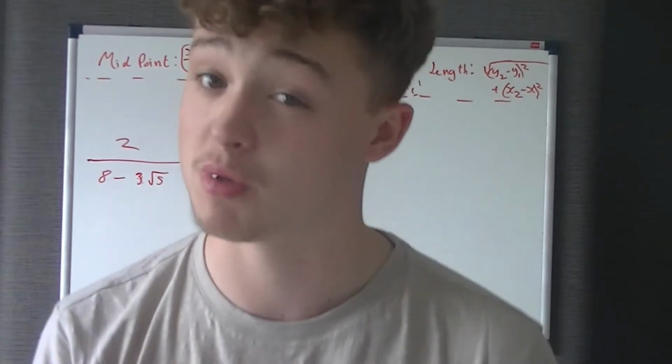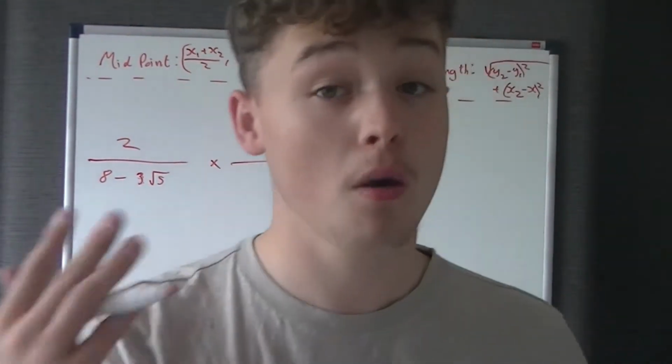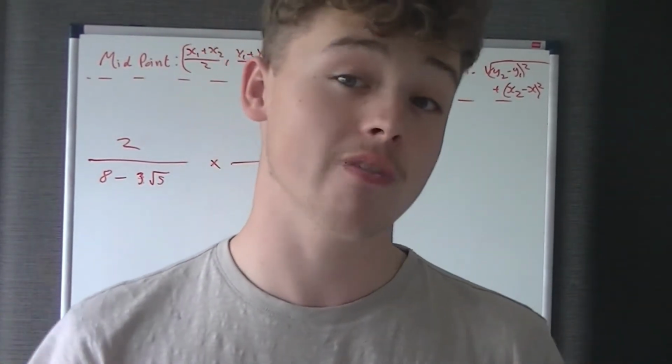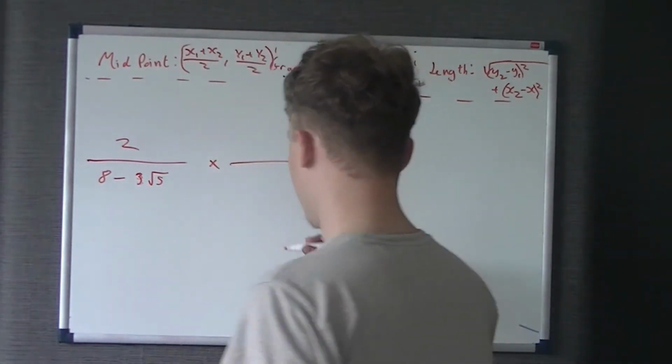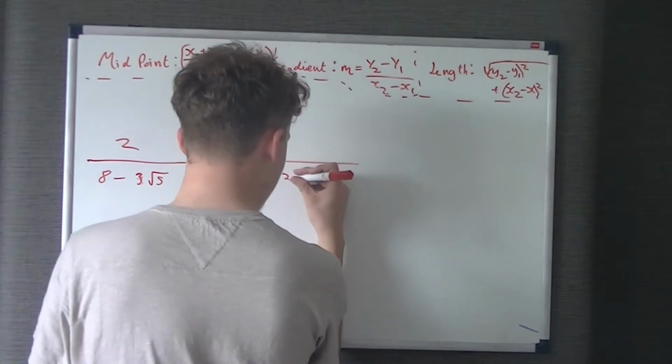So it's essentially times by 1. But by timesing it by the opposite sign of what is in front of the surd, we're effectively getting rid of it on the bottom. But we still times it by 1, so it satisfies all our rules that we need to obey.